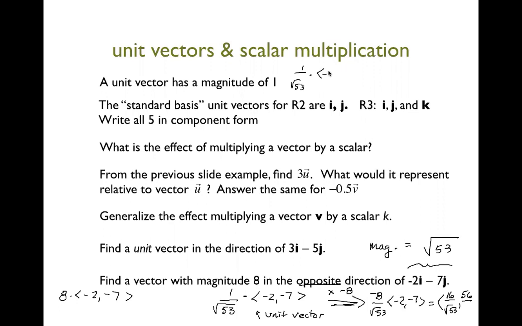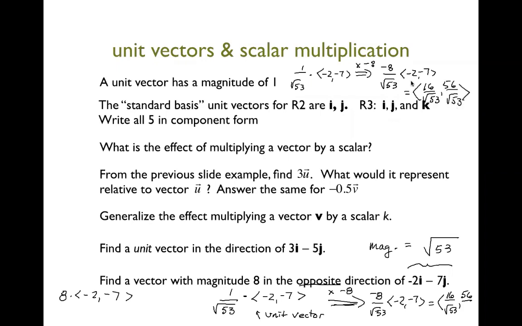So this is our unit vector. And I'm going to multiply that by negative 8. And so the final result is positive 16 over radical 53, positive 56 over radical 53.